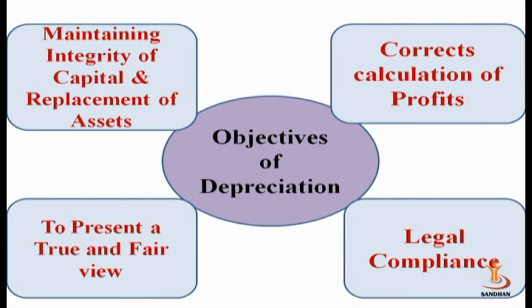It is mandatory to calculate depreciation and show it in the books of accounts. Due to this, it is important how the depreciation is calculated and whether the correct value is shown in the balance sheet as well as in the P&L account.